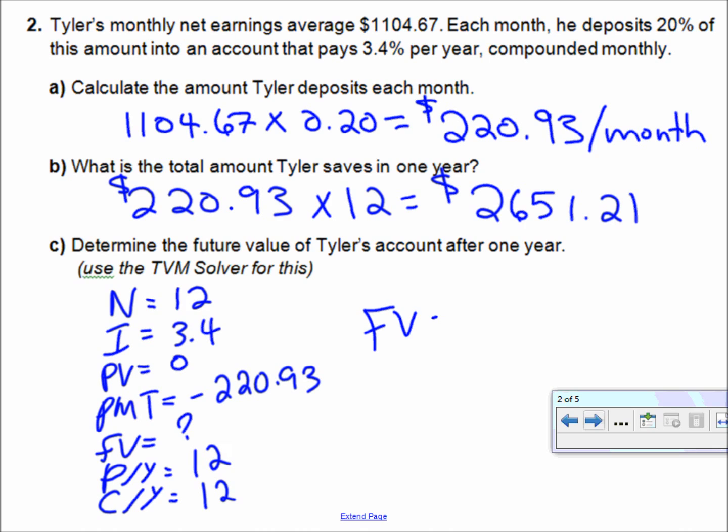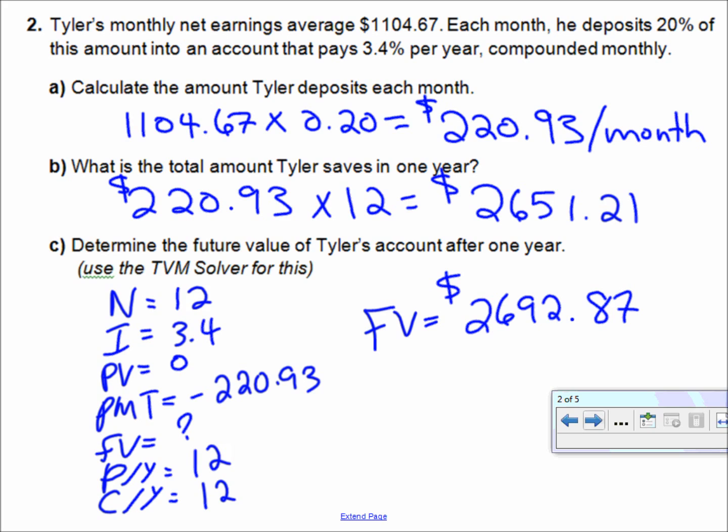So our future value is, with 12, 3.4, negative 220.93, 12, I got our future value to be $2,692.87.